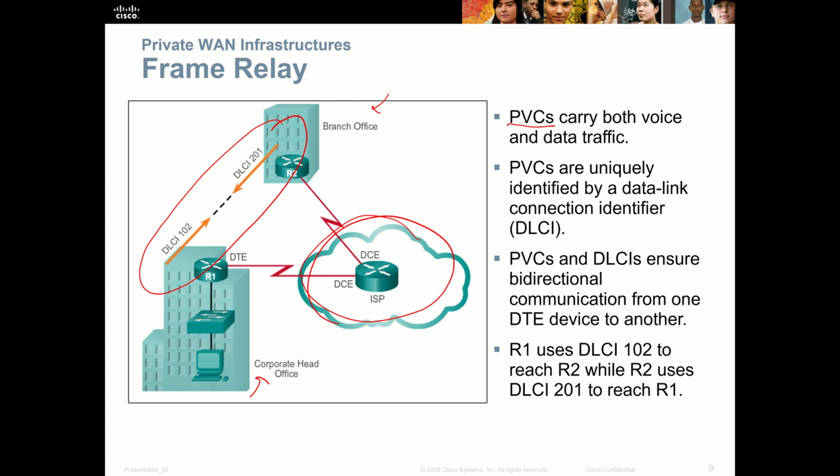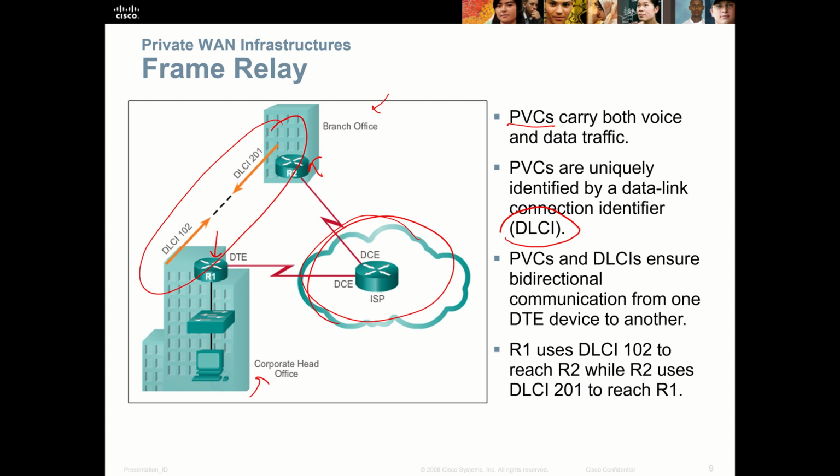So how do they communicate? The endpoints of this dedicated connection link are usually configured on the edge routers. The endpoints are labeled with a unique identifier, which we call the data link connection identifier, or DLCI. The DLCI is locally identified on each router.